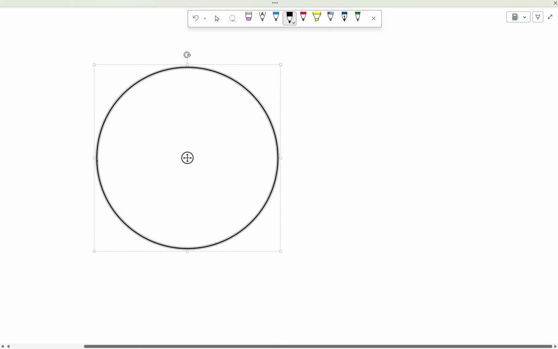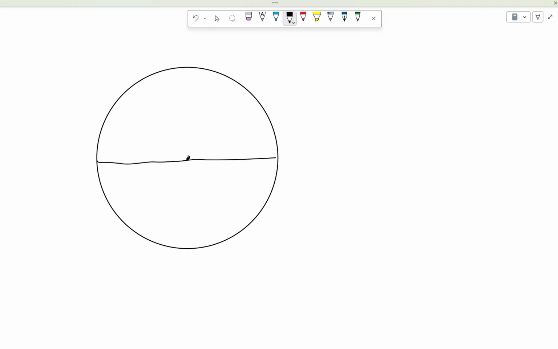So let's see here. I'm going to draw a diameter there. Go here, radius. And here, another one.